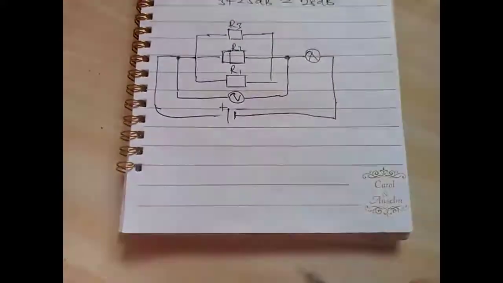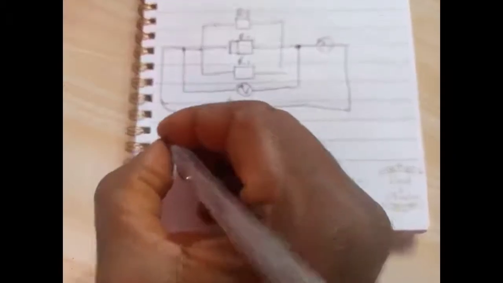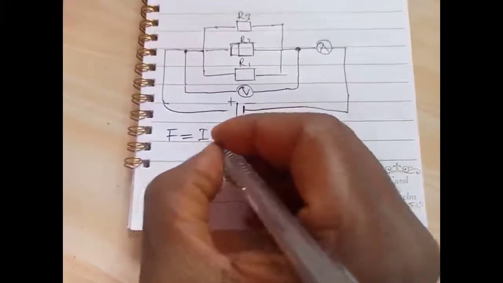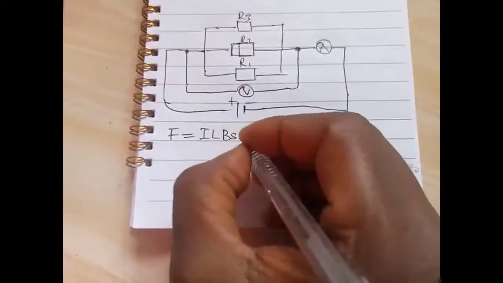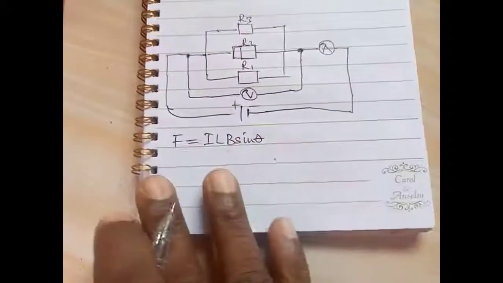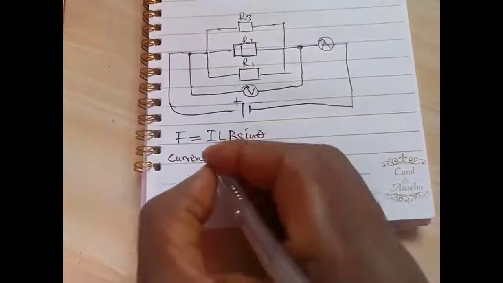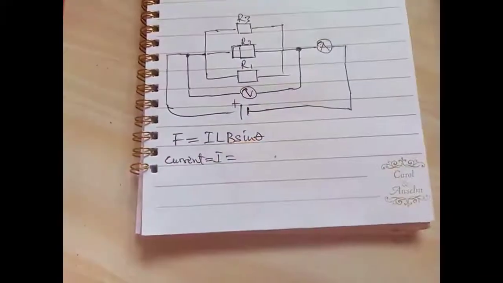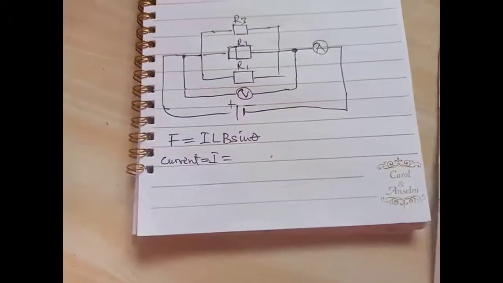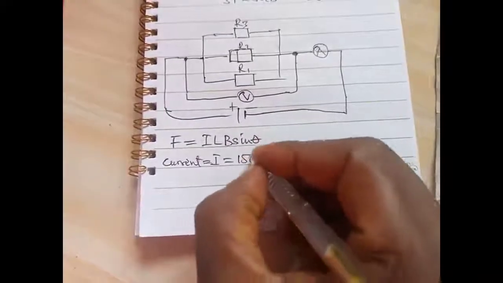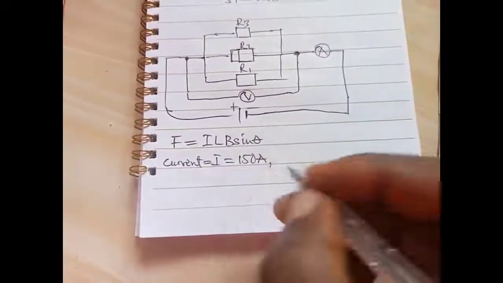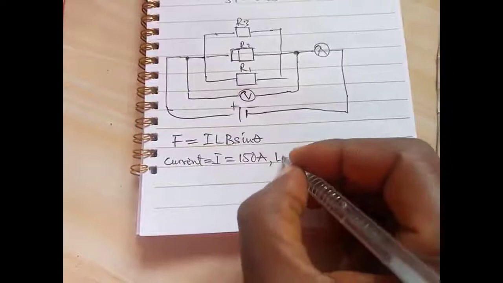Now, the formula we are going to use is F is equal to ILB sine theta. Now, current is I. In the question, the current there is 150 ampere. Now, L is length.